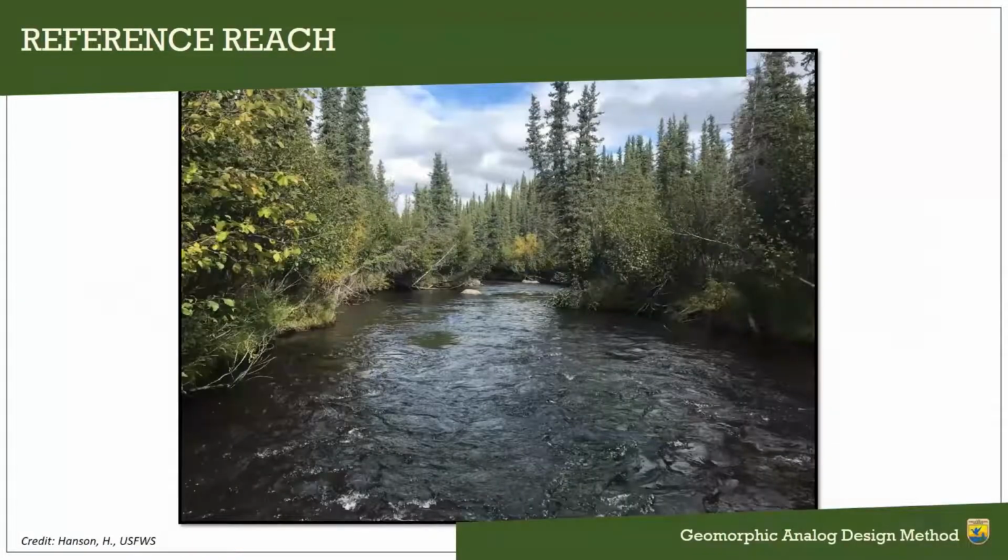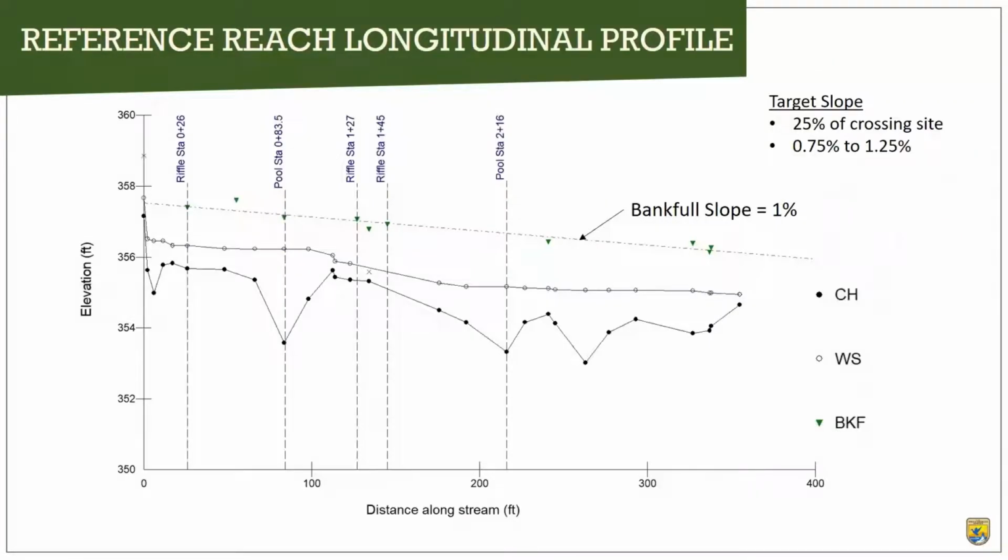So on to selecting our reference reach. We're going to select a reference reach that matches our goals that we set for slope. I think that's going to be our major predictor of what type of reference reach we're going to be looking for. We know that we want the crossing slope to be within 25% of the bankfull slope of the selected reference reach.